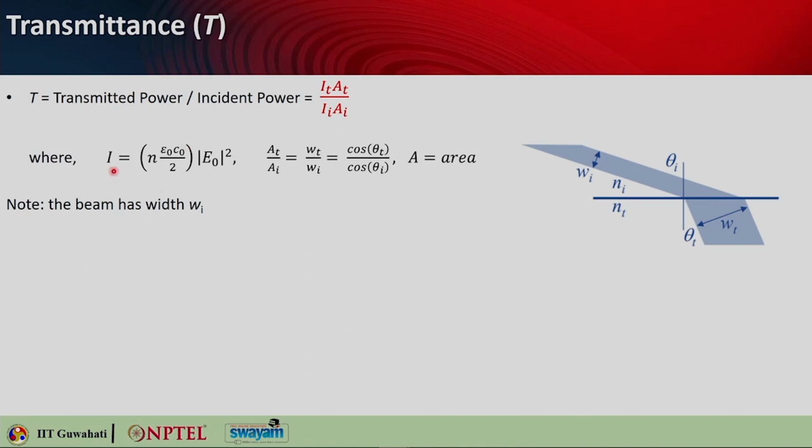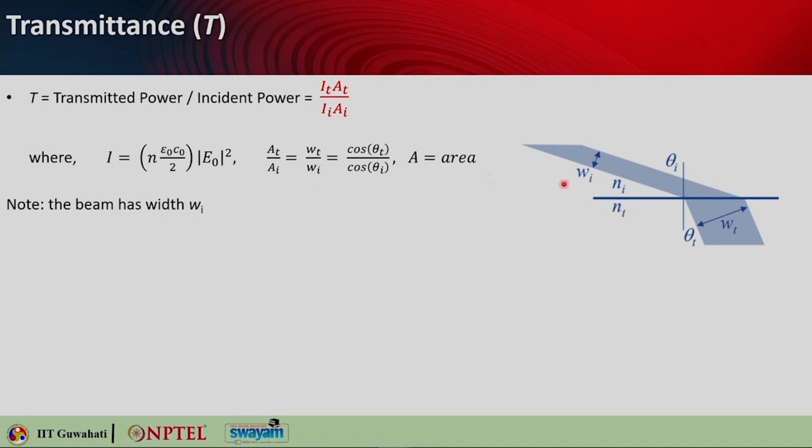Okay. So what is intensity I? Roughly we say that intensity is proportional to amplitude square, or the exact relation is n epsilon naught c naught over 2 times the modulus of E naught square, that is, the electric field amplitude square. And what is A_T over A_I? Upon transmittance, because the beam is going from one refractive index medium to another, there is a change in the beam width.